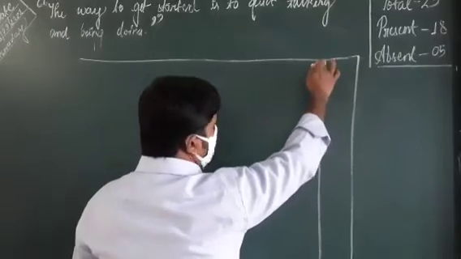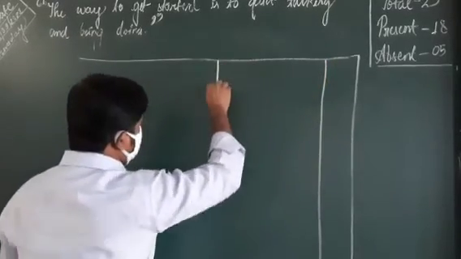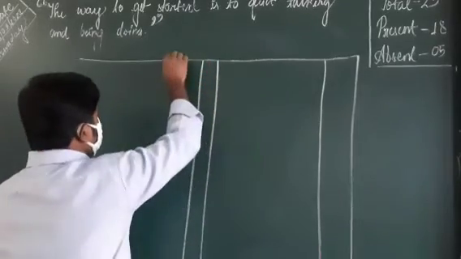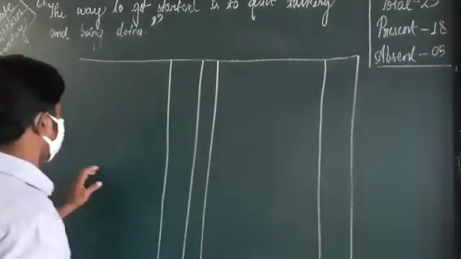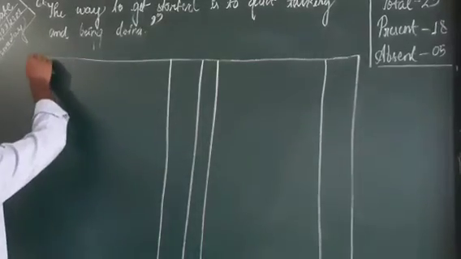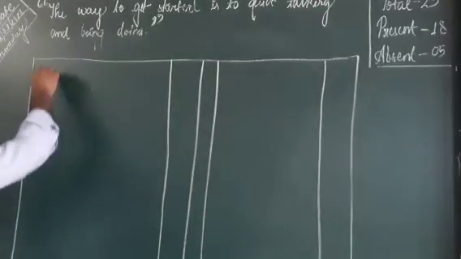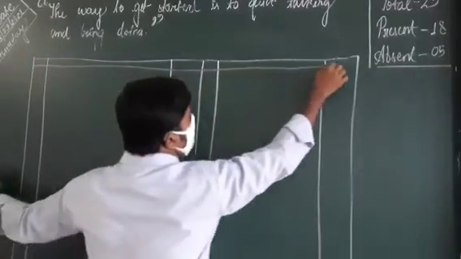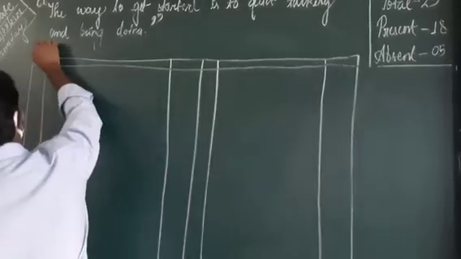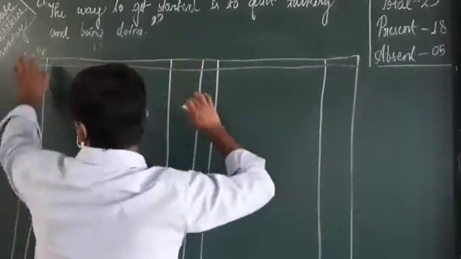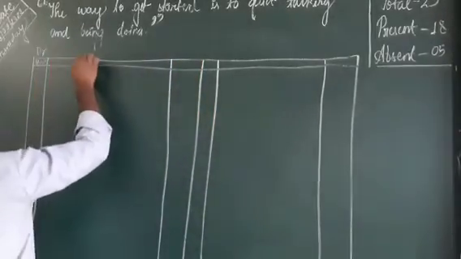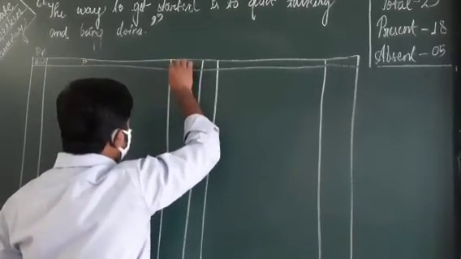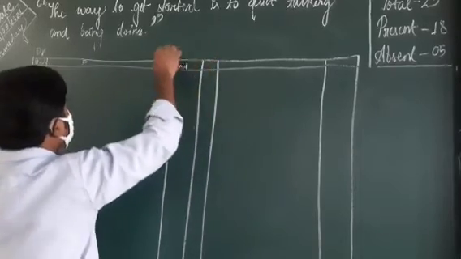Here is the date column, particulars, an LF column, and the amount column. Always keep in mind this is the debit side: date, particulars, LF, amount.